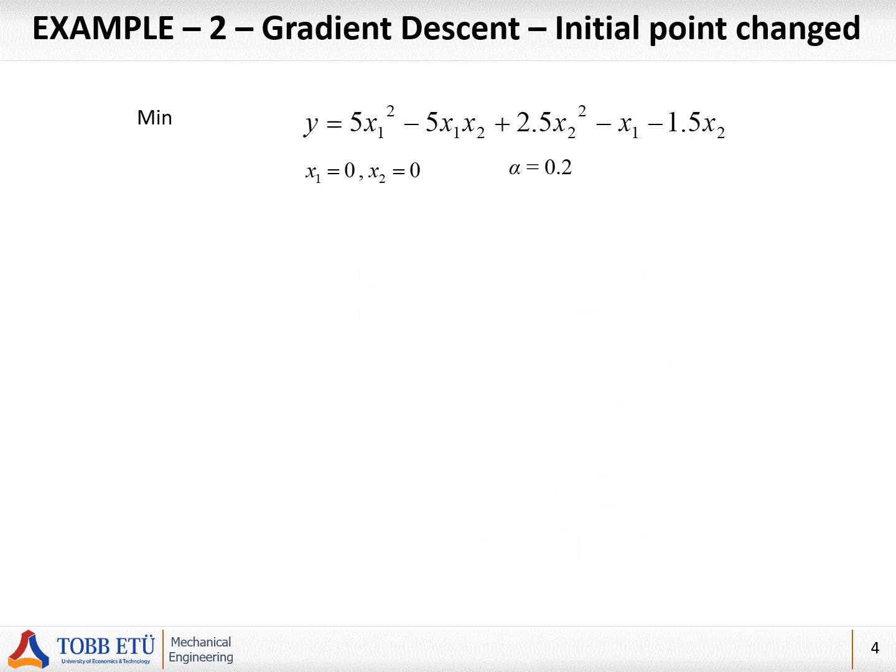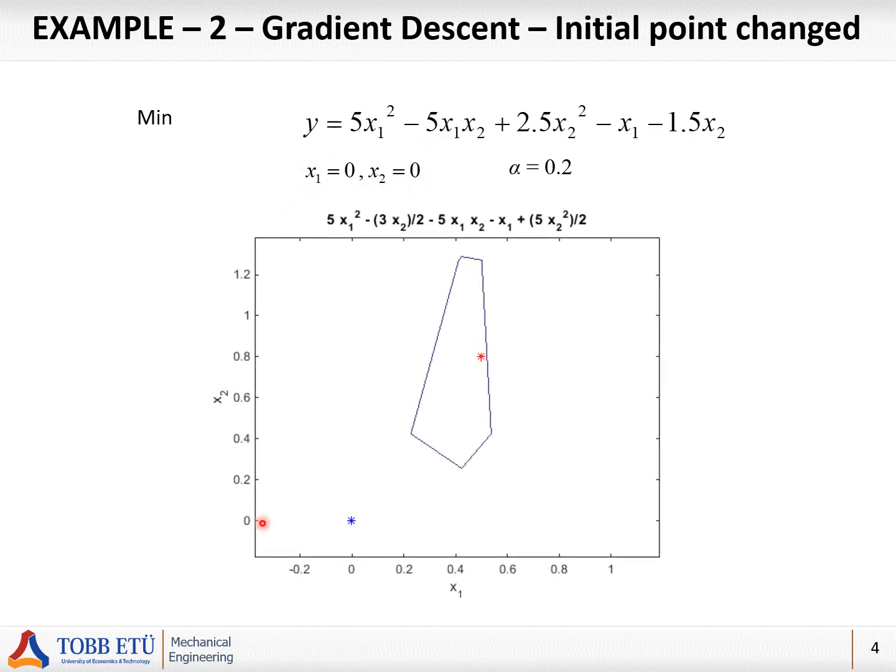Another trial: the step size is 0.2, but maybe if we change the initial point to a closer point to the minimum, then we can have convergence. So we change this from 15, 15 to 0, 0. Let's check. We started from here, and the minimum is here. It's very close to the minimum this time; 15, 15 was very far away.